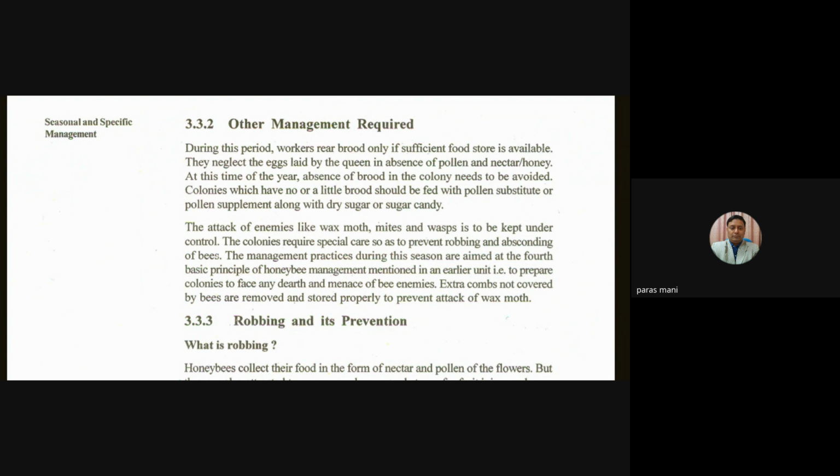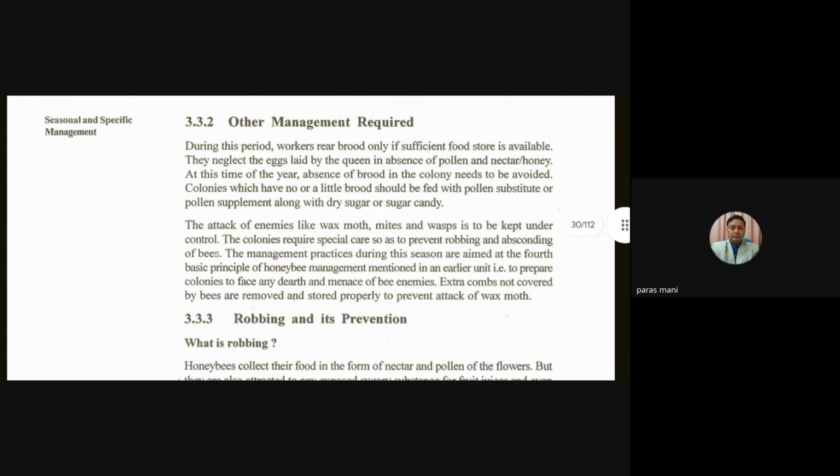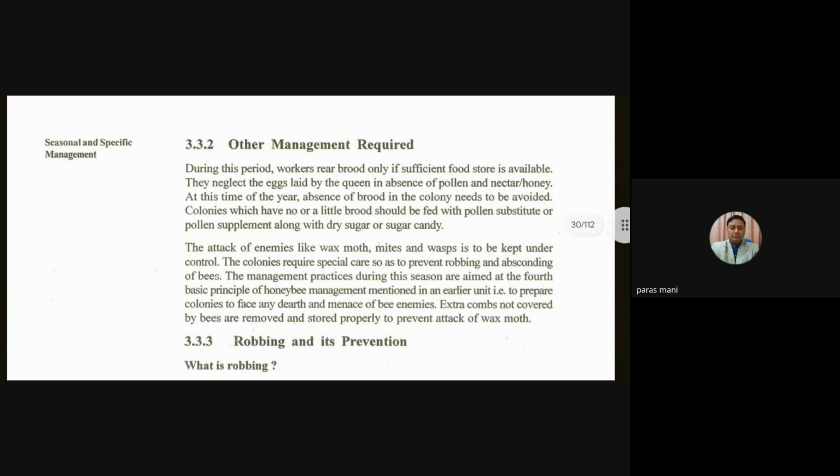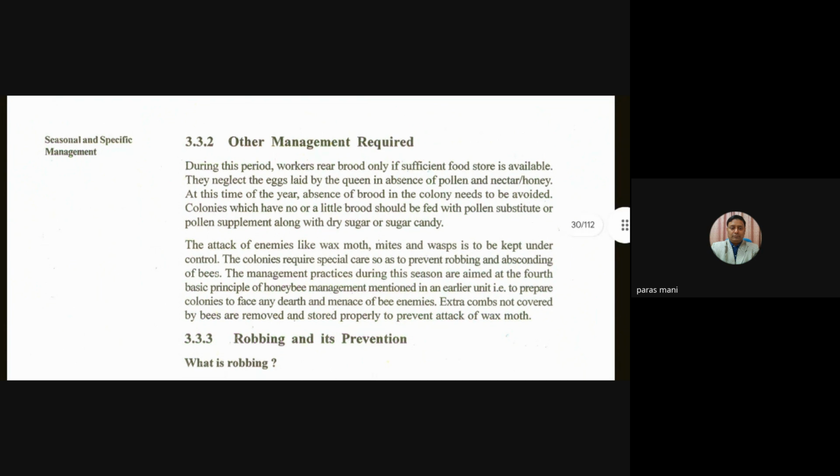If the queen is fertile, it keeps on laying the eggs, and it is the natural duty of the queen. It lays eggs, but workers only take care of the brood if sufficient pollen and nectar is available. In the monsoon season, if the food is not available, the worker bees don't have energy to feed the brood laid by the queen.